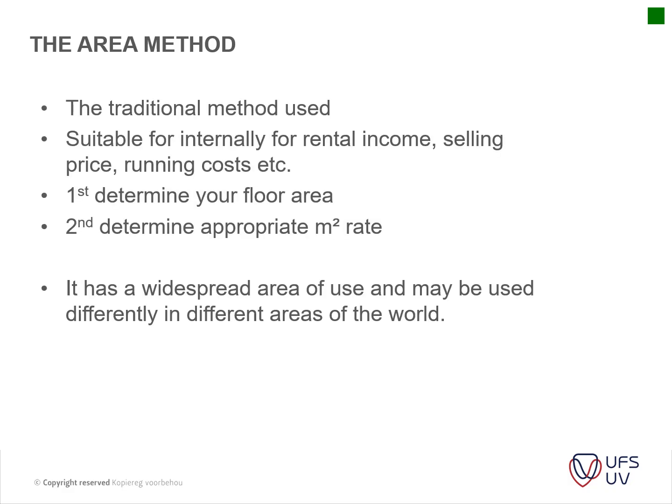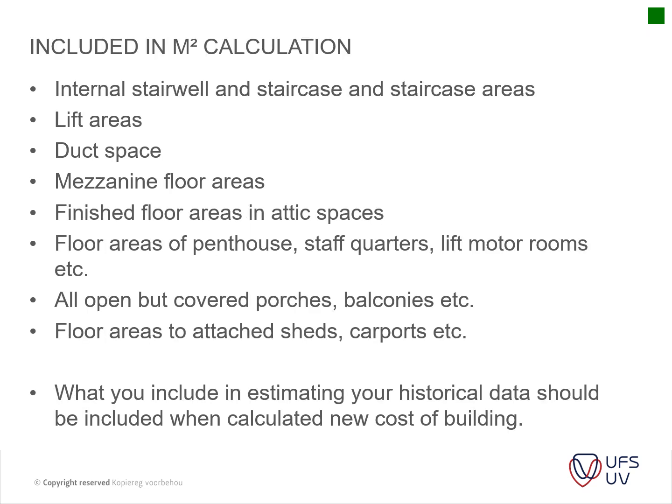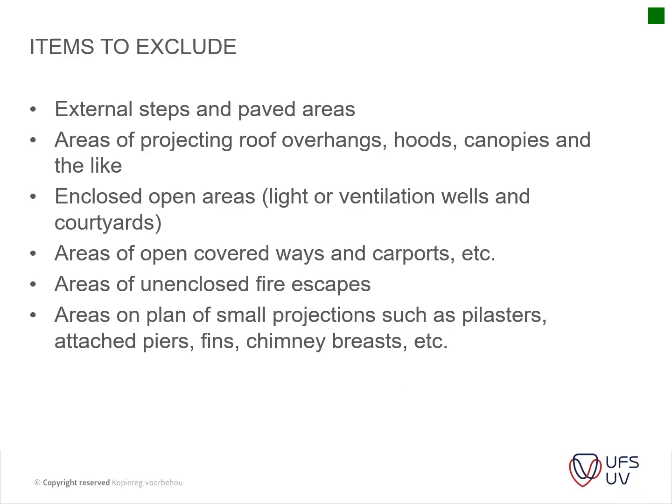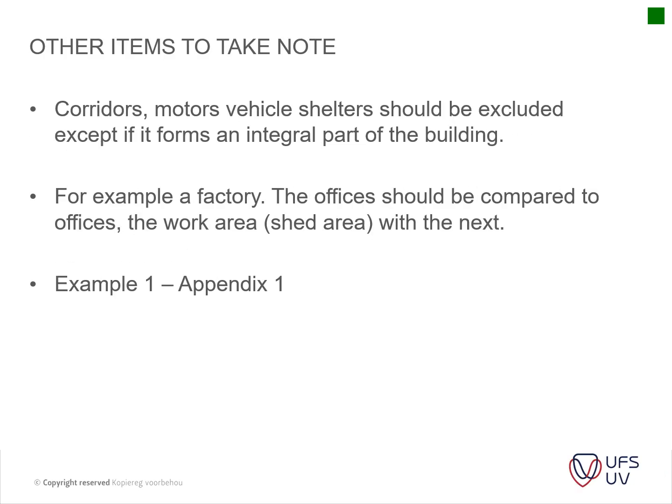Then the area method, same thing applies. You just calculate the area of your historical building, and you take the cost divided by that area to get a rate, and then you take that rate and multiply it with the area of your new building. Okay, so still very much theory in all essence.